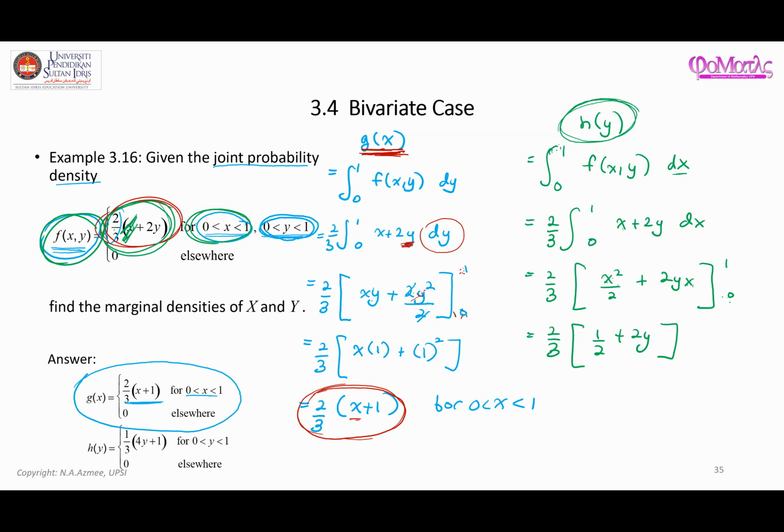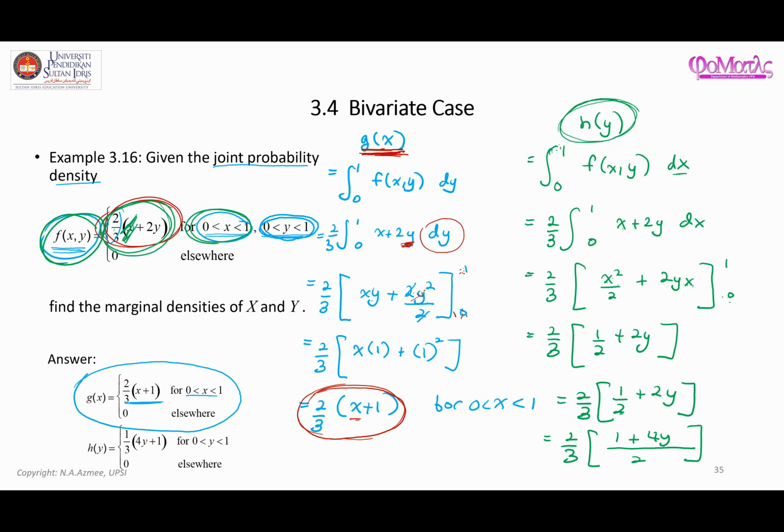so finally we have 2 over 3 times 1 over 2 plus 2y. Okay, and if you want to get rid of this fraction, what you can do is you can have 2 over 3 times (1 plus 4y) over 2.